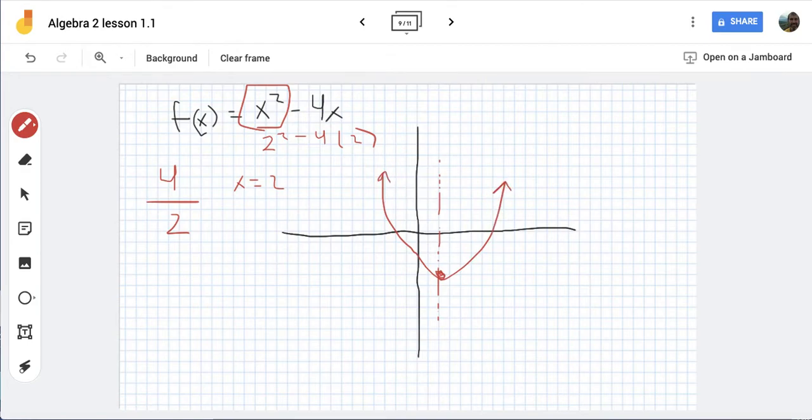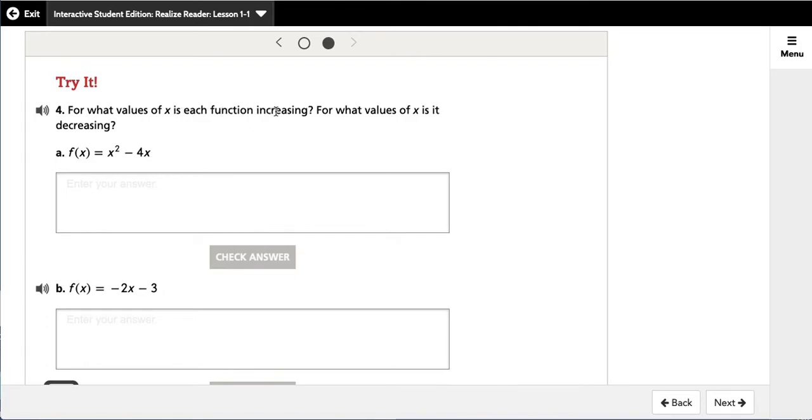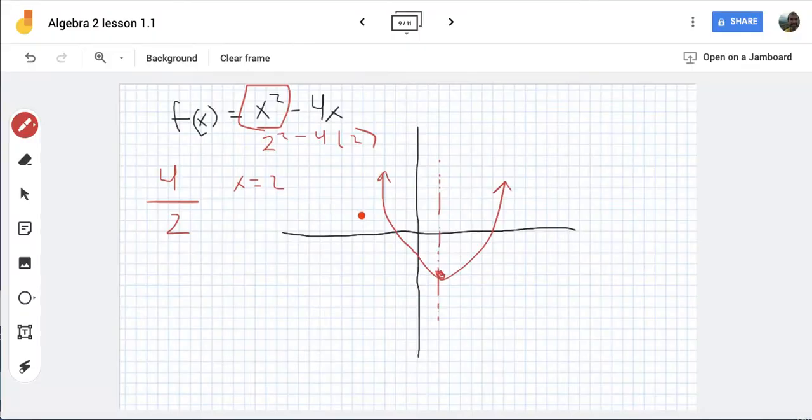Again, the question I was trying to answer: for what values is it increasing or decreasing? So my sketch doesn't have to be that great, but I can see that it's decreasing from -infinity to 2, right? We're looking at the x values. It's coming down from -infinity to 2, so I'm going to write that. -infinity, that's a terrible, terrible infinity symbol.